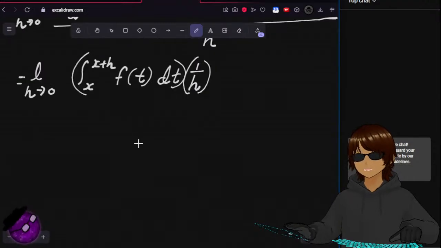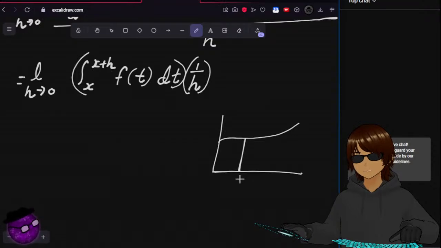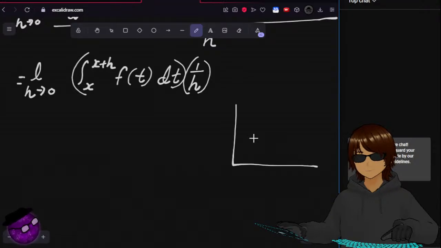Now, before I go any further, I just want to explain one thing. If I have a graph, areas A and B, let's draw something like this.